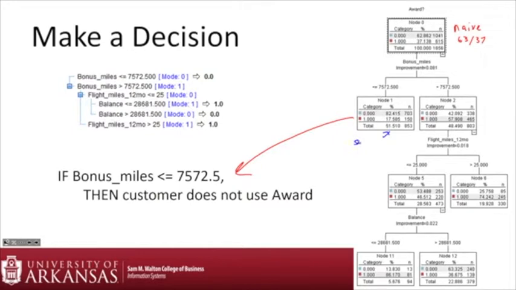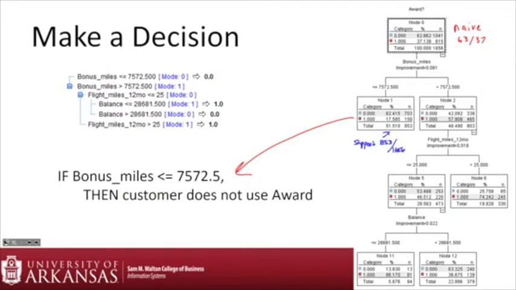So support is technically, here we have 853 of them out of 1,656. So 50%, 51% would be the support for this. Okay, this is a pretty heavy node here. The other 48% though, they have more than 7,500 miles.